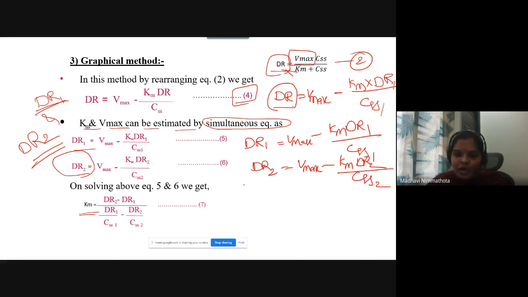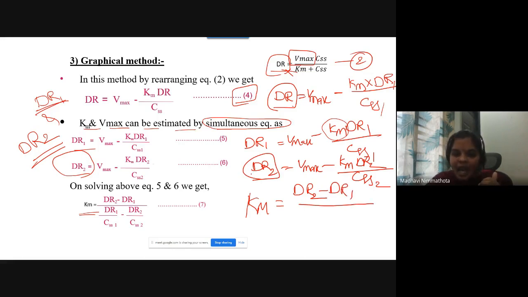So how are you going to solve this? What is our aim here? We are going to estimate the Vmax and Km. So first you just extract this Km from this equation. First you can write DR2 minus DR1, divided by DR1 by CSS1 minus DR2 by CSS2, since you extracted Km already.